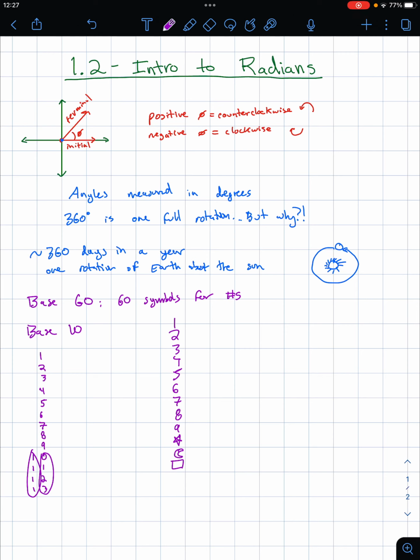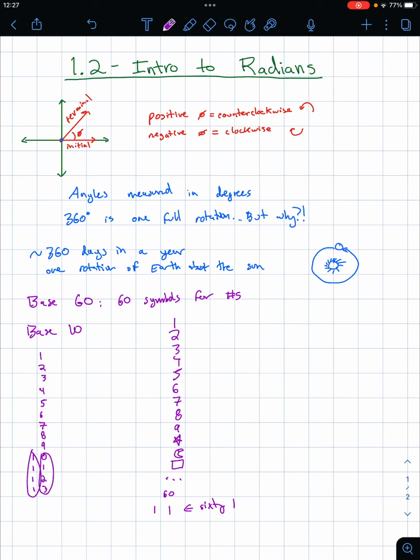I have no idea. Go look it up. But the idea is they had 60 symbols, so they could keep writing in the single digits column, and then eventually they'd get to the next column and they'd have to write, okay, now we have 1, 1, but that would mean 61, right? Because they filled up in base 60, 1, 1 is 61.